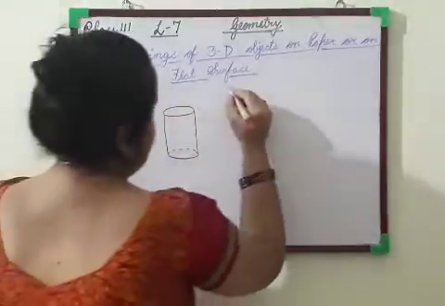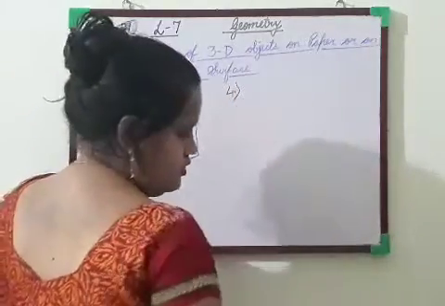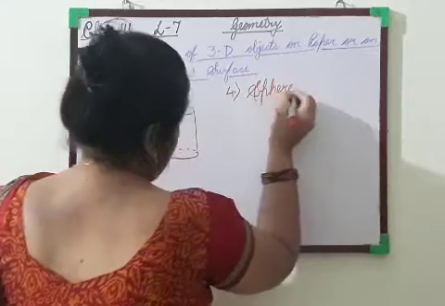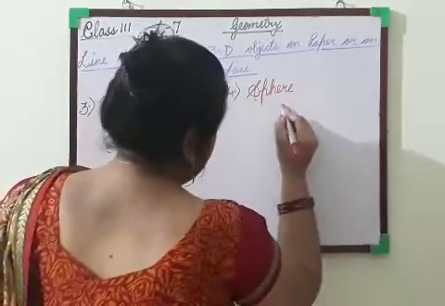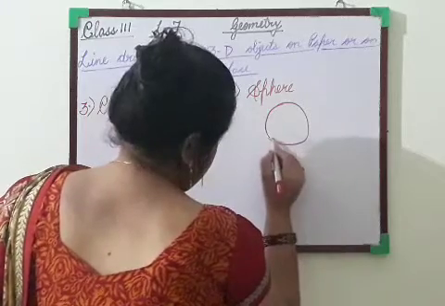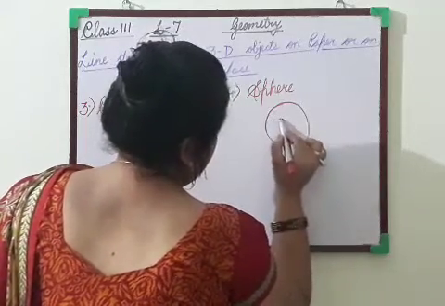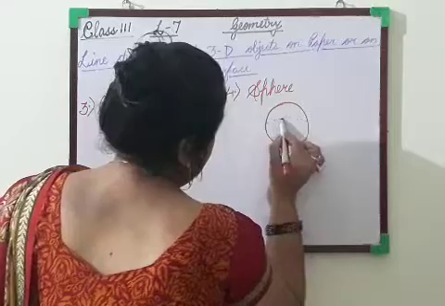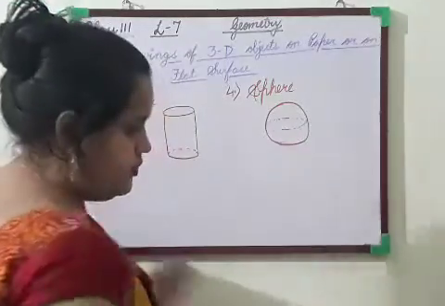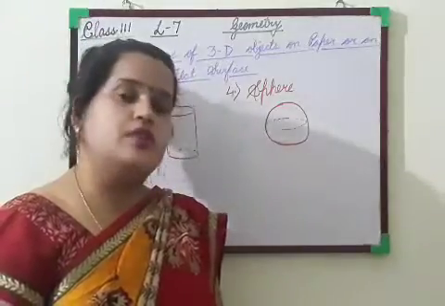Then the next one is fourth, sphere. It is a sphere. Okay, a sphere is a three-dimensional version of a circle.